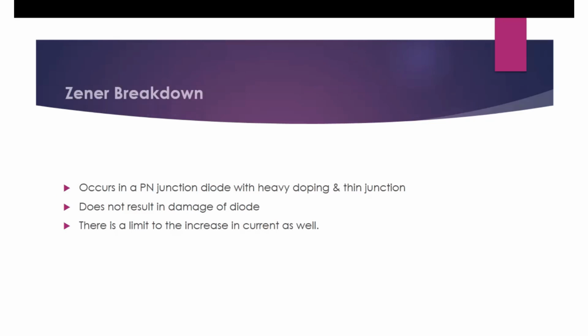Let's go to the next part, which is Zener breakdown. When we increase the reverse voltage across the PN junction diode, what really happens is that the electric field across the diode increases, both internal and external. This results in a force of attraction on the negatively charged electrons at the junction, and this force frees electrons from their covalent bonds and moves these free electrons to the conduction band.